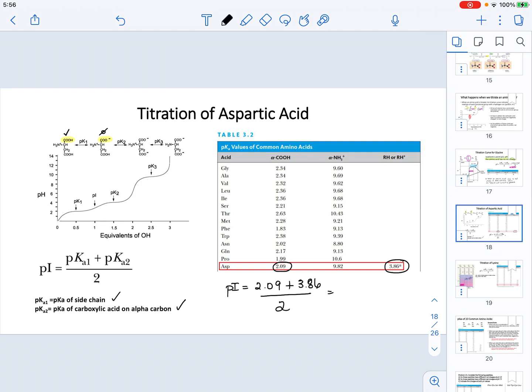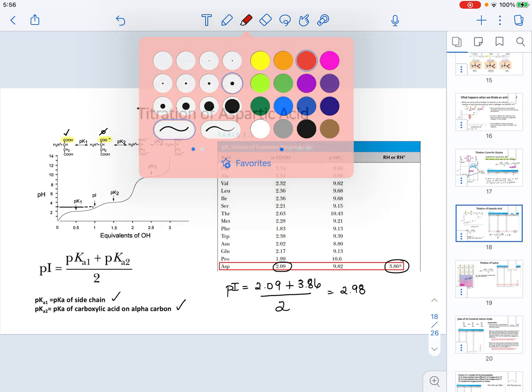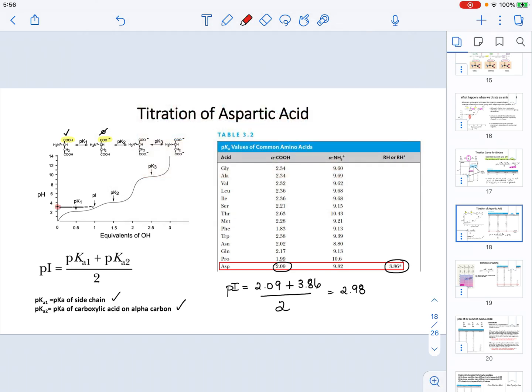I get a pI of 2.98. But if we look at the titration, look at where the pI is. As you can see, close to 3. Which explains why we obtain this value.